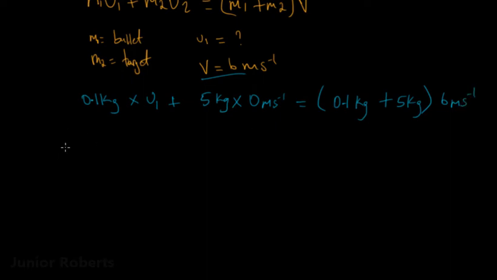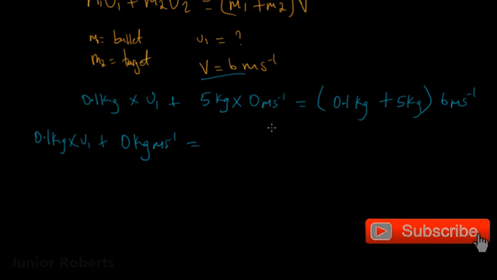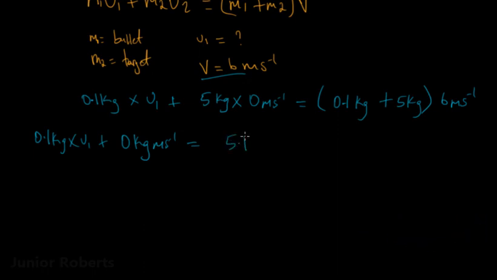Now we can start to simplify. We have 0.1 kilograms times u1 plus 5 kilograms times 0 gives us 0 kilogram meters per second. 0.1 plus 5 gives us 5.1 kilograms, and we multiply that by 6 meters per second.